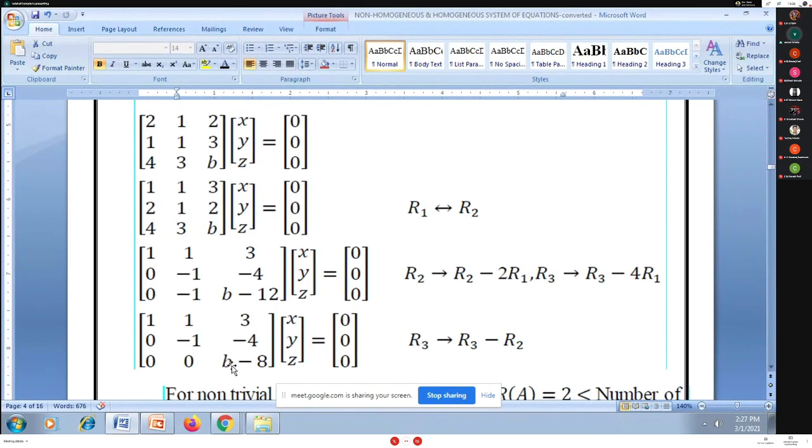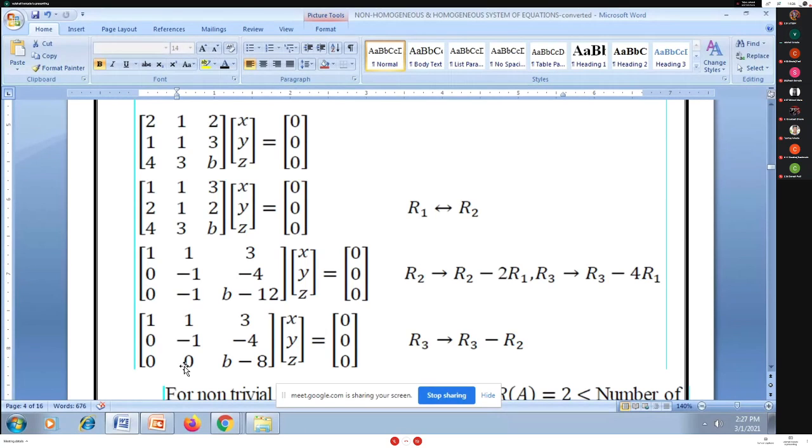As the third row will be 0, I'll have two non-zero rows, and I can say this is in echelon form. But whenever B minus 8 is not equal to 0, it means that my R3 is not equal to 0, and the rank will be accordingly different.